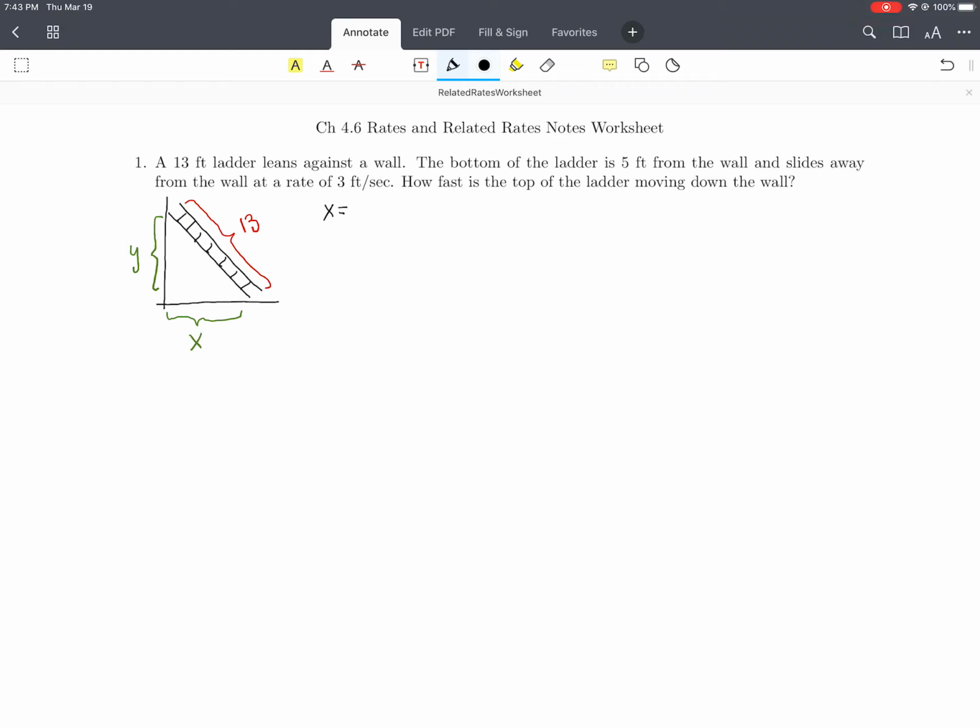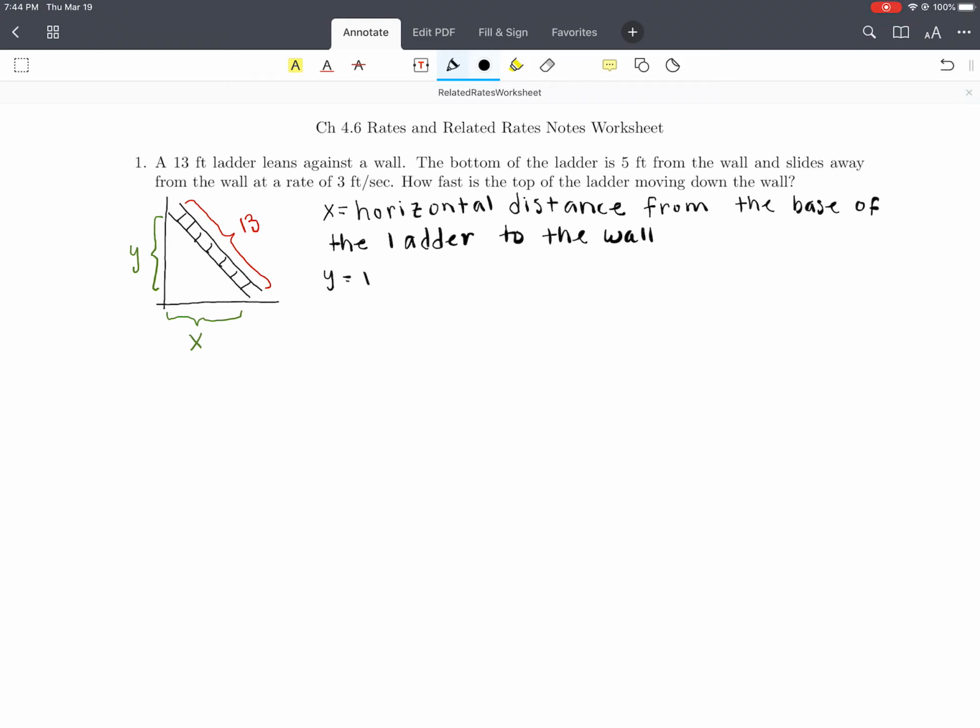So x is the horizontal distance from the base of the ladder to the wall, and y is the vertical distance from the top of the ladder to the ground.